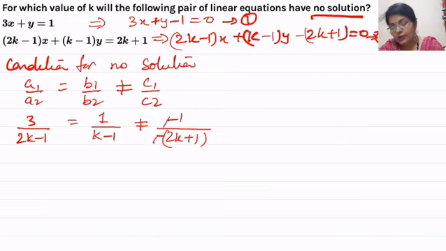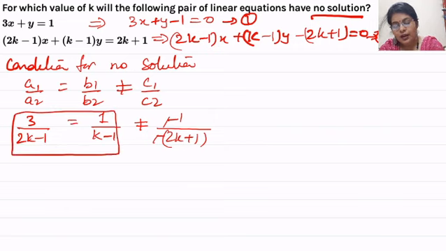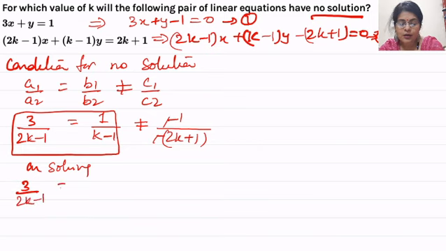Now we'll solve. First we will take these two. On solving, 3 upon 2k minus 1 is equal to 1 upon k minus 1.